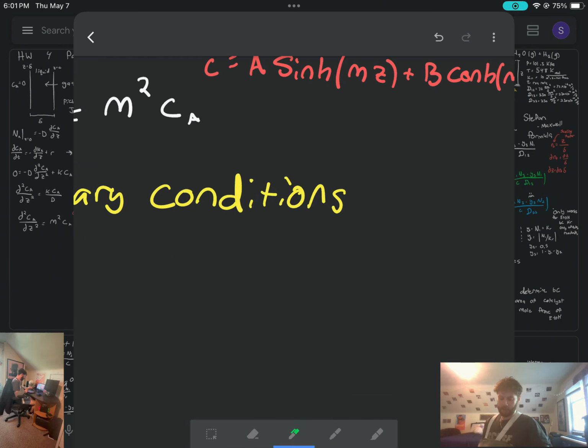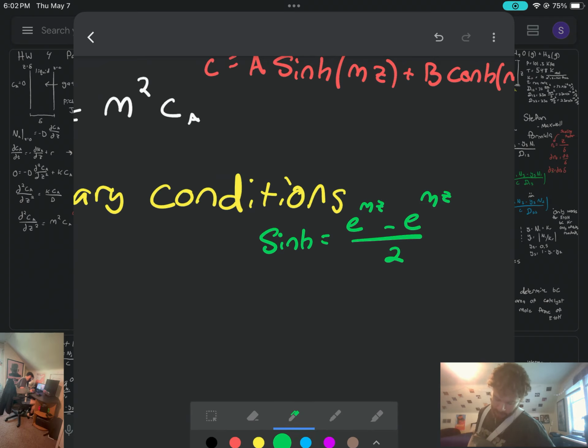Our hyperbolic sine, or just sine, we know is equal to e to the mz minus e to the negative mz, divided by 2.